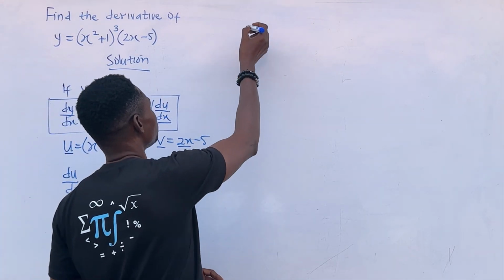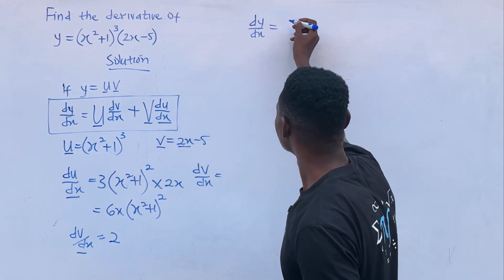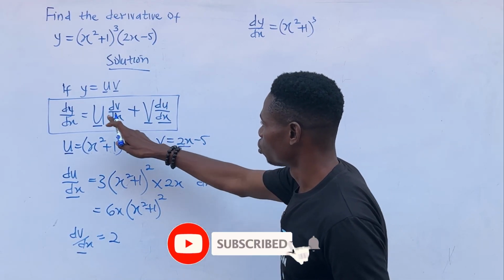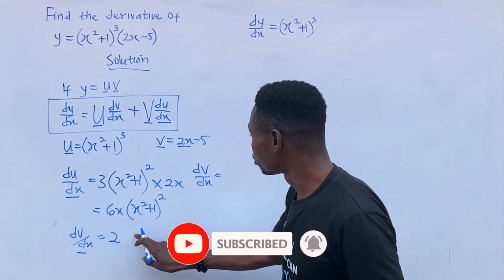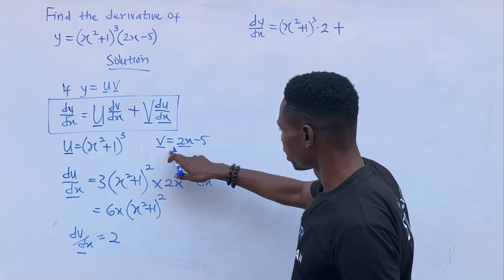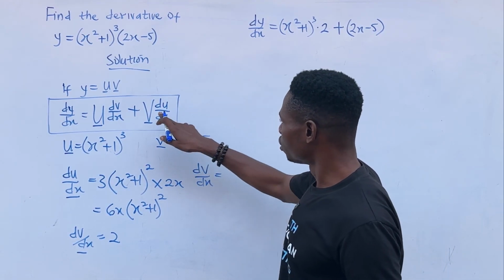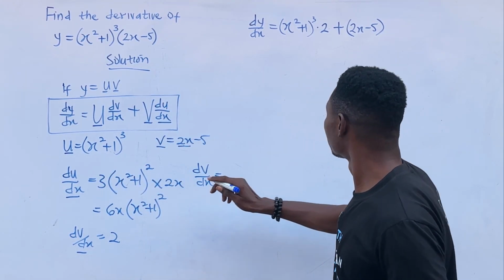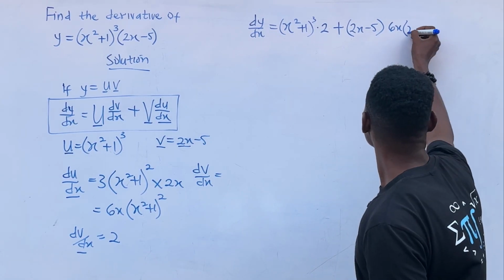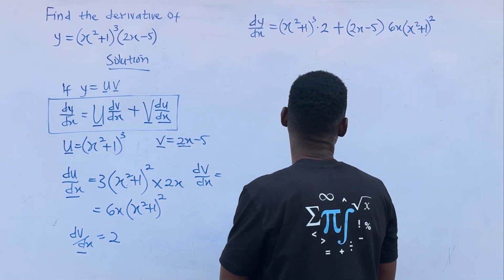So our derivative dy dx becomes u, which is (x squared plus 1) raised to the power 3, multiplied by dv dx, which is 2, plus v, our second function, which is 2x minus 5, multiplied by du dx, which is 6x into (x squared plus 1) squared.